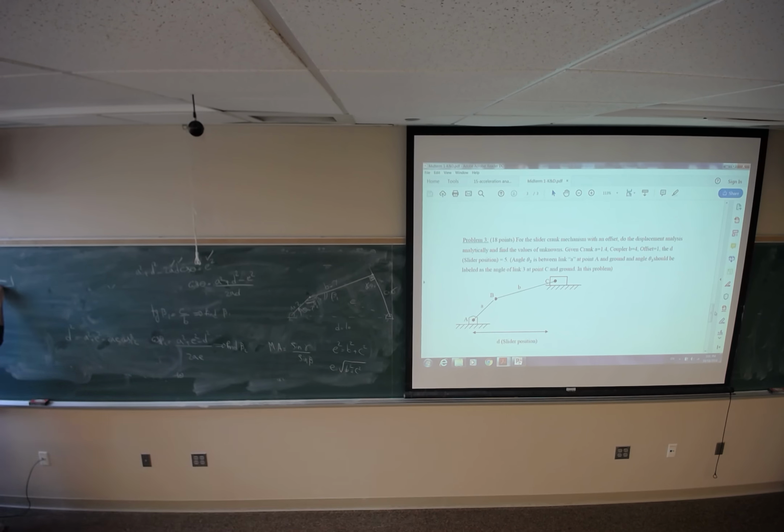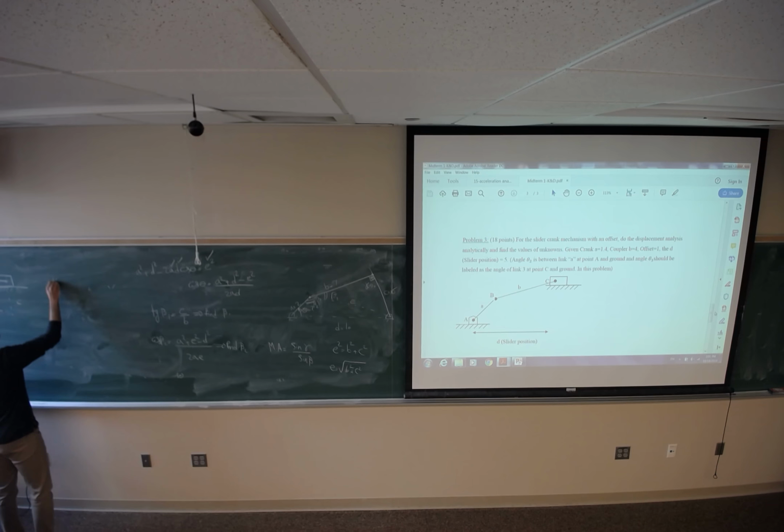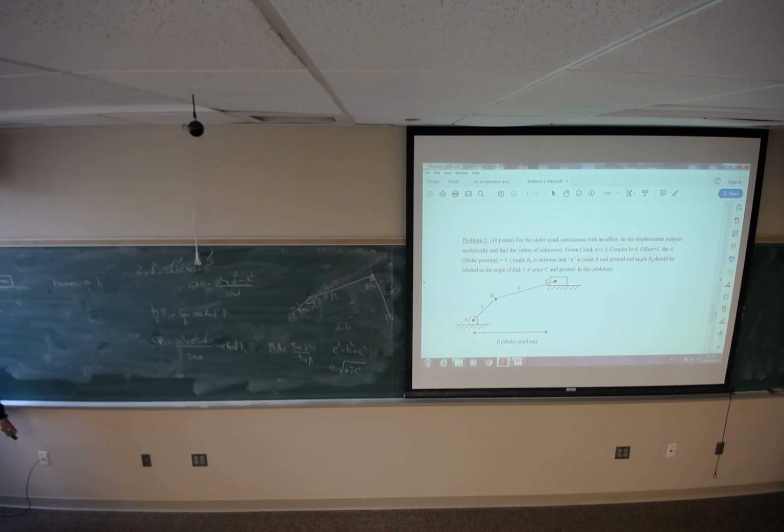A, B, C. Yes, the offset is C, and D. The knowns, as you see, are A is 1.4, B is 4, and C is 1.